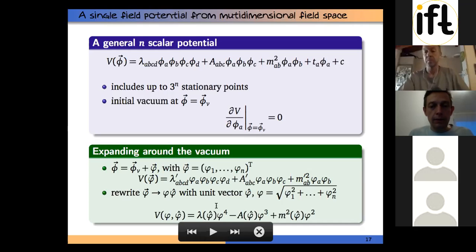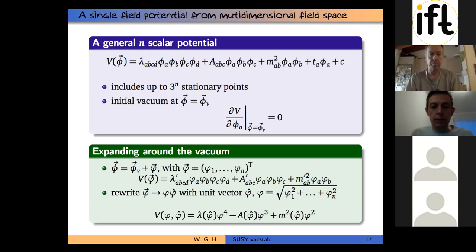And again, we have a quartic potential where now the self-coupling, the trilinear coupling, and the masses depend on the choice of the direction in the field space. This is a bit easier to deal with than the method I had before.